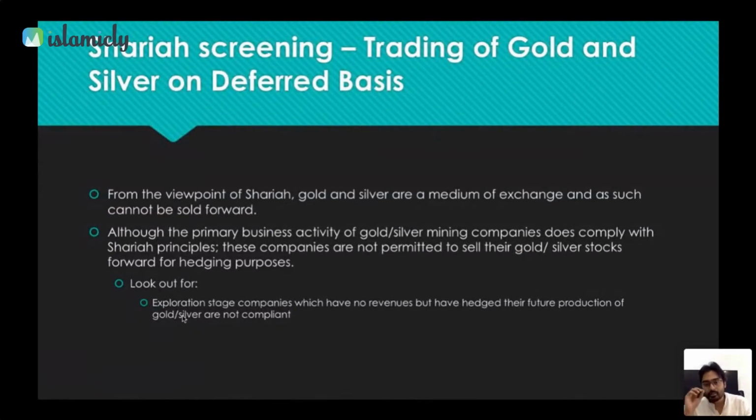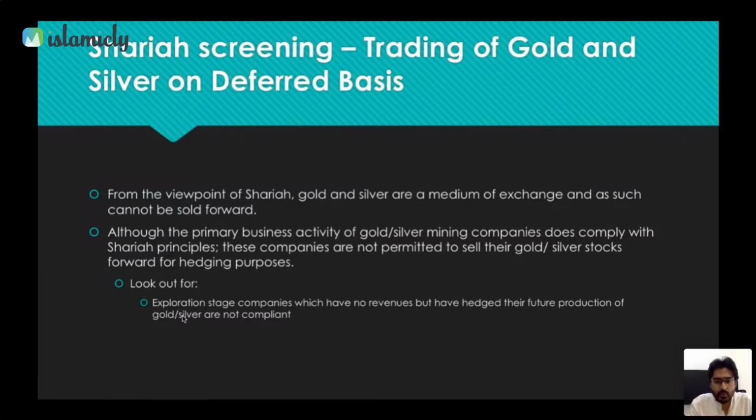That is not allowed. That is non-permissible. So a lot of gold mining companies, especially in Canada, Brazil and Australia, become non-compliant because they're involved in hedging their production.